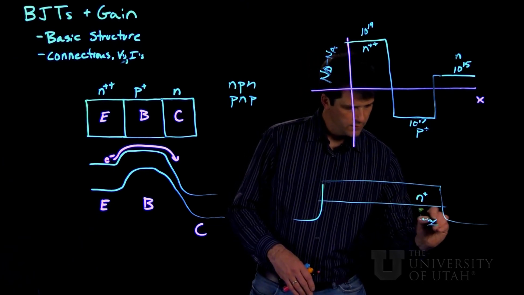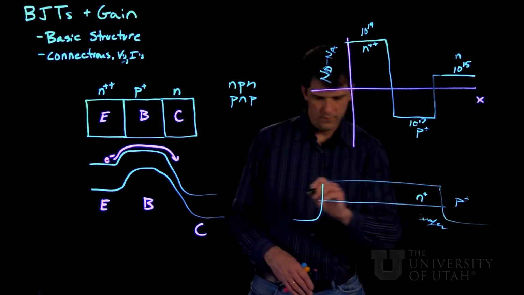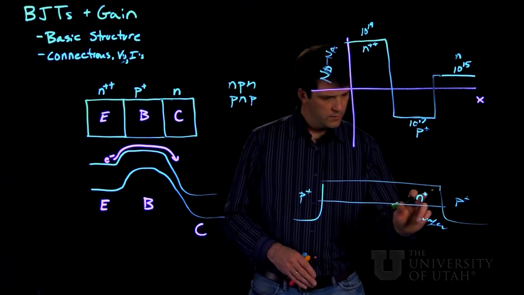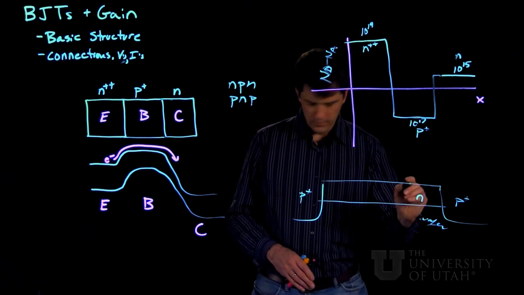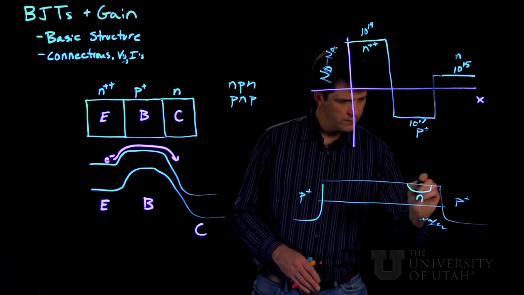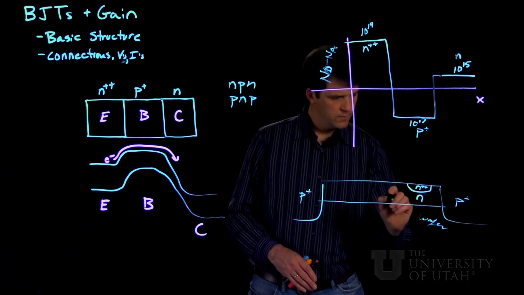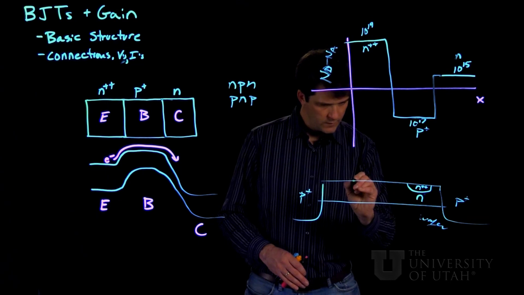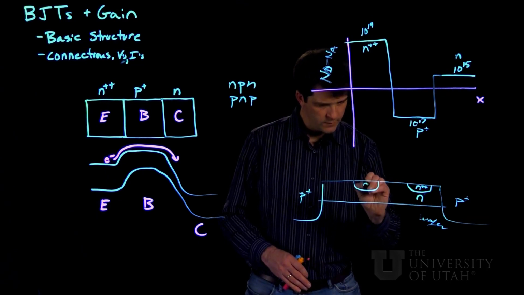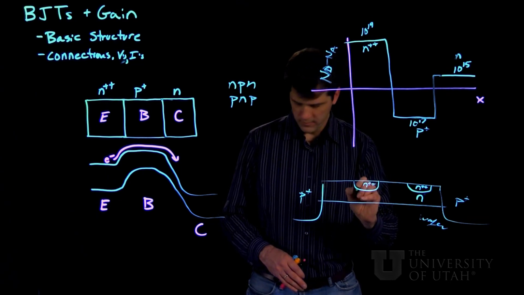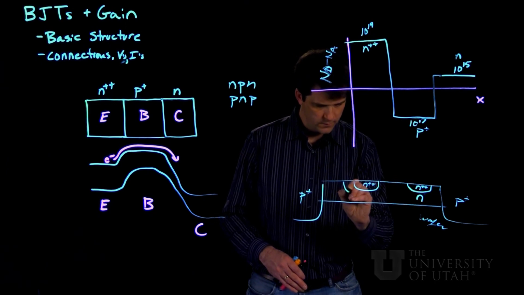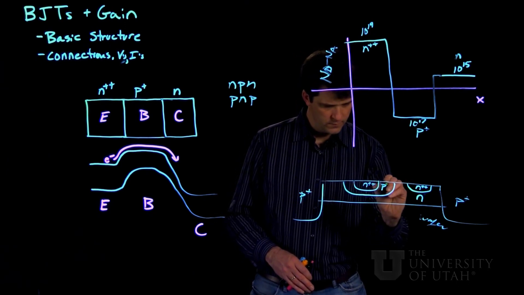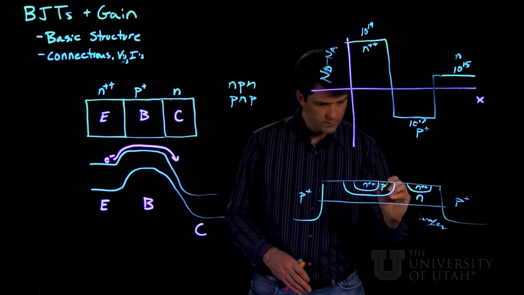So wafer, P plus, P plus. Some isolation regions over here. And then, sorry, I put my plus in the wrong place. An N plus region there. An N plus region here. And then a little section here of P plus.